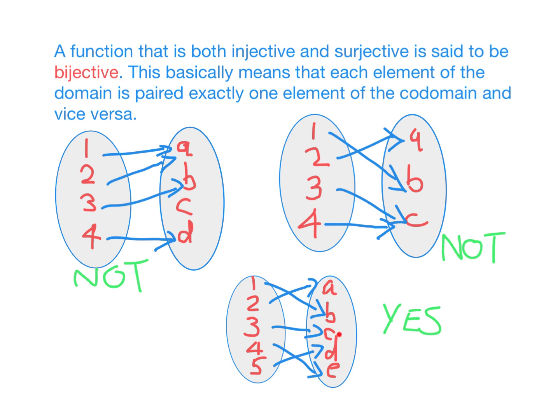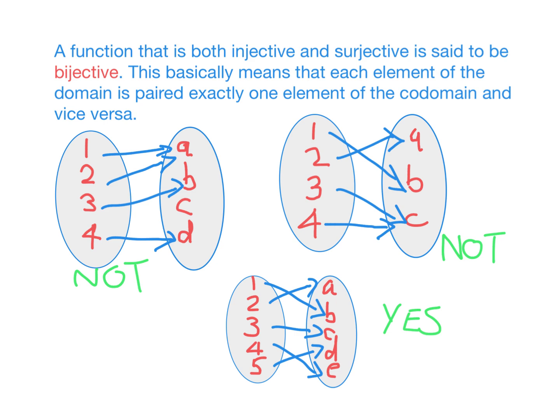There are no elements here that are not mapped to. So because this is both one-to-one and onto, both injective and surjective, it is bijective. It means that it will have an inverse. So you can see with bijective functions, there's this perfect one-to-one pairing between elements of the domain and elements of the codomain.